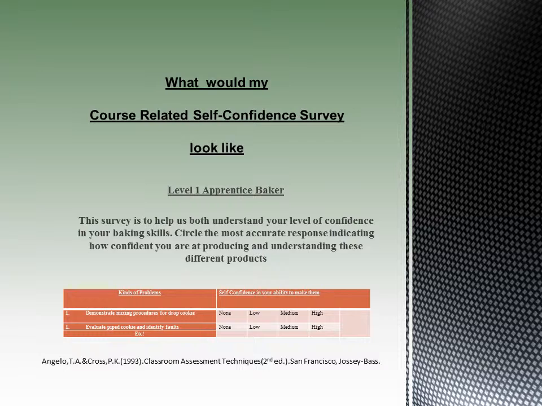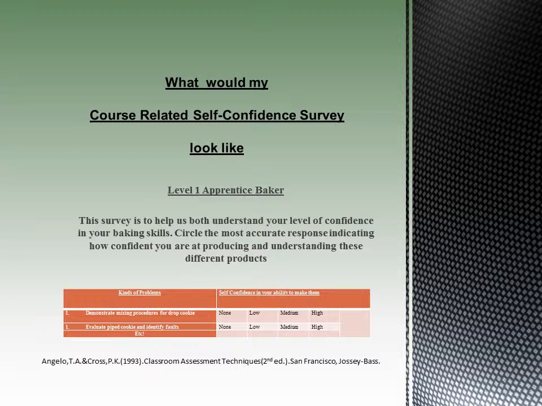This is very important because it needs to be said at the very beginning when you hand these out that this survey is to be anonymous. So this survey is to help us both understand your level of confidence in your baking skills. Circle the most accurate response indicating how confident you are at producing and understanding these different products.